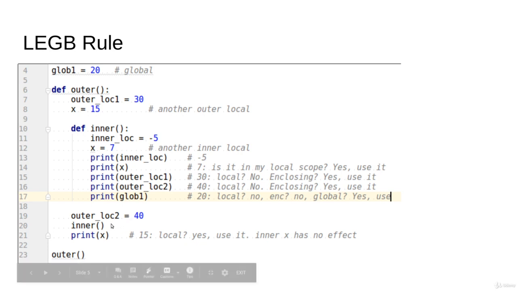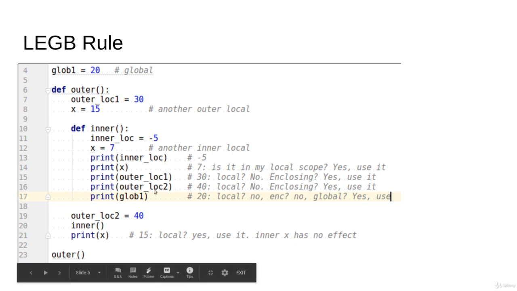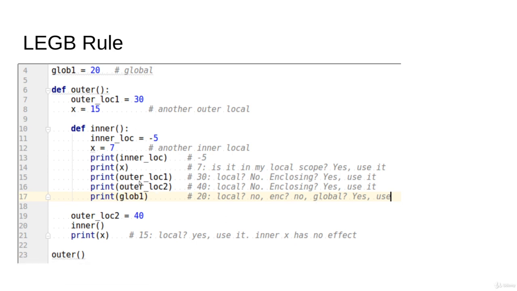No. What matters, when I call the function, is whether this variable is bound or not, whether it is assigned to something. So here I'm creating outer local 2 as 40 and then calling the inner function, so outer local 2 actually has a value at the moment. And finally global: is it local? No. Is it enclosing? No. Is it global? Yes. What if something isn't in the four scopes? The fourth scope would be, for example, the built-in len function. Otherwise it gives an error.